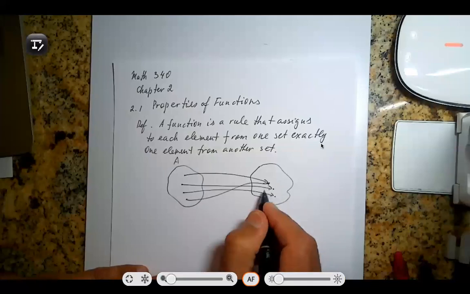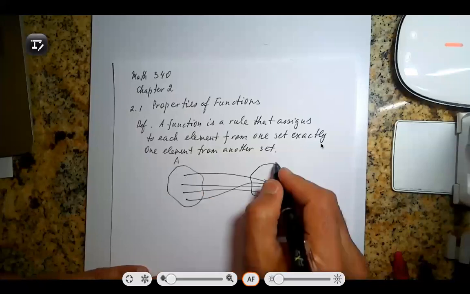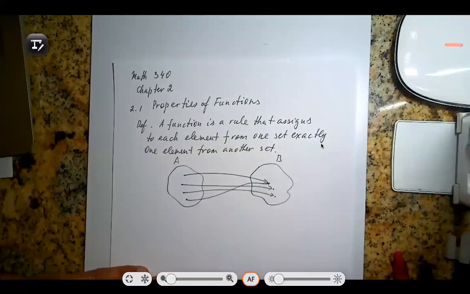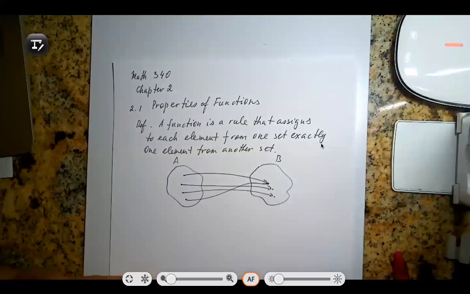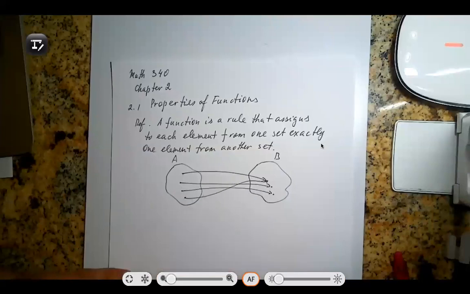Two different elements from A can go to the same element in B. So the definition does not prohibit it. So for every input, there is exactly one output. Input, one output. That's the definition of it.